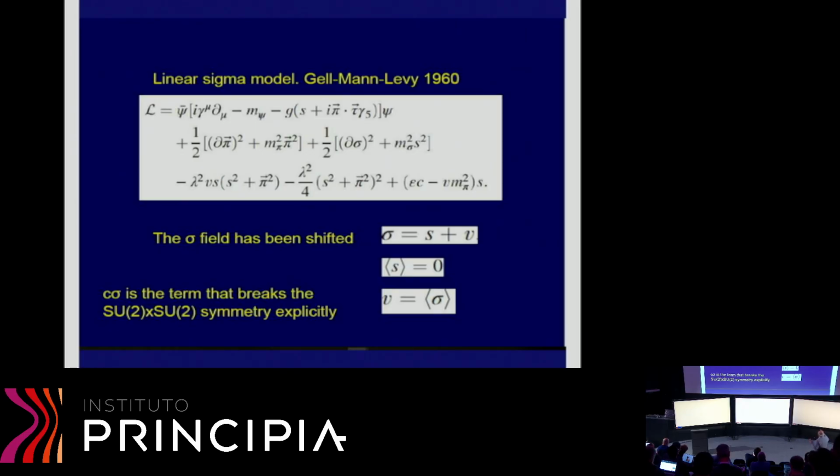And we have already shifted the sigma field around the vacuum expectation value. That's the model. It has SU(2) cross SU(2) symmetry, which is explicitly broken by this term. It's a wonderful model. We have used it many, many times in different physical scenarios.